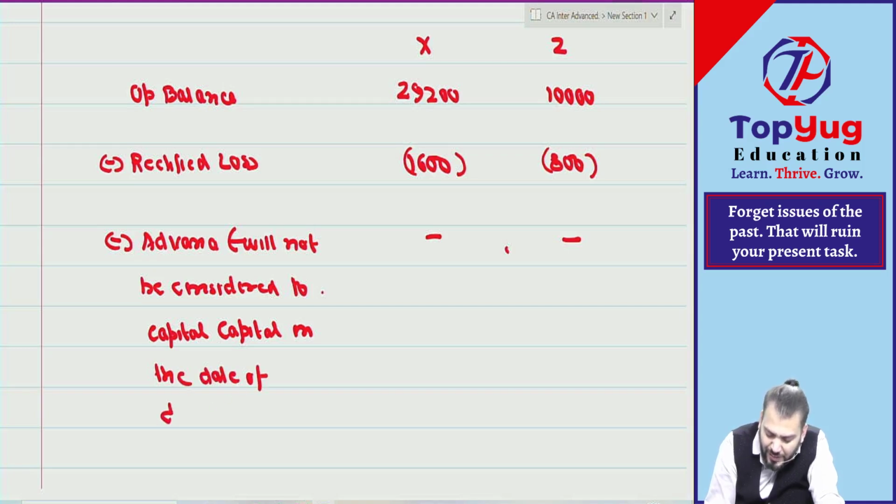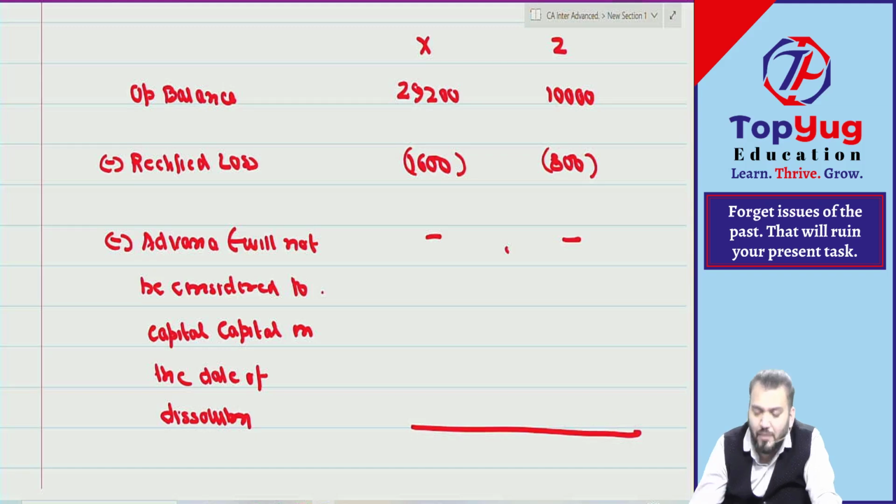Understood? You will not write this in the exam. Only for your understanding, because this doubt may come when you are doing revision: why has sir not taken advance? So advance is not a part of capital.